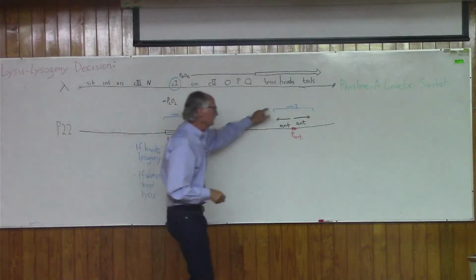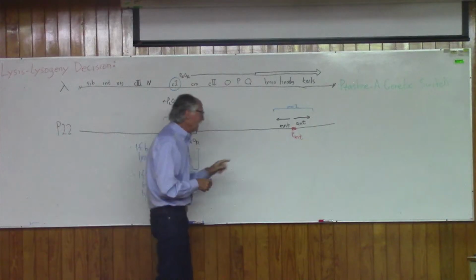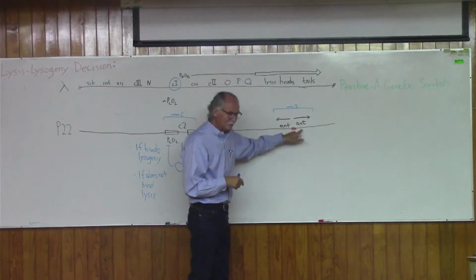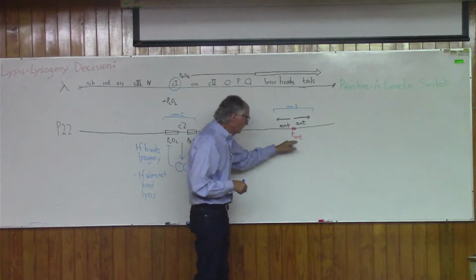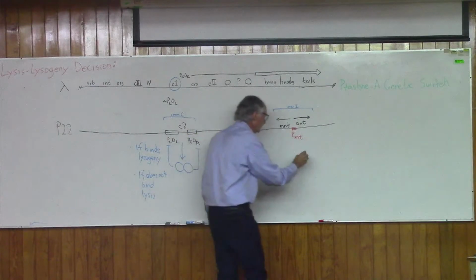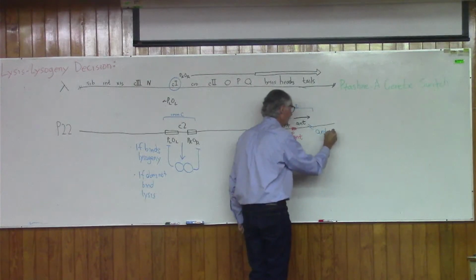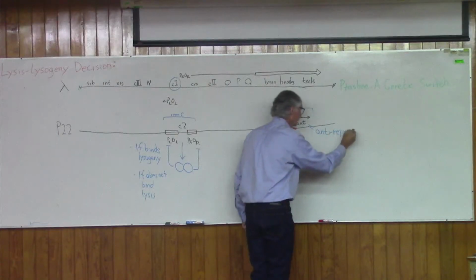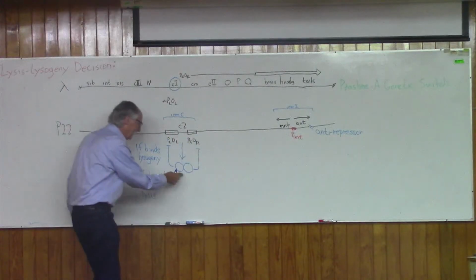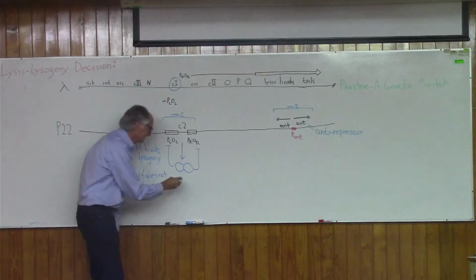P22 has a second region called immunity I. Right? And immunity I is made up of a gene called MNT, and there's a promoter called pAnt that expresses the ant gene. Ant gene is anti-repressor. When the ant gene is made, ant binds to this and prevents it from binding DNA.